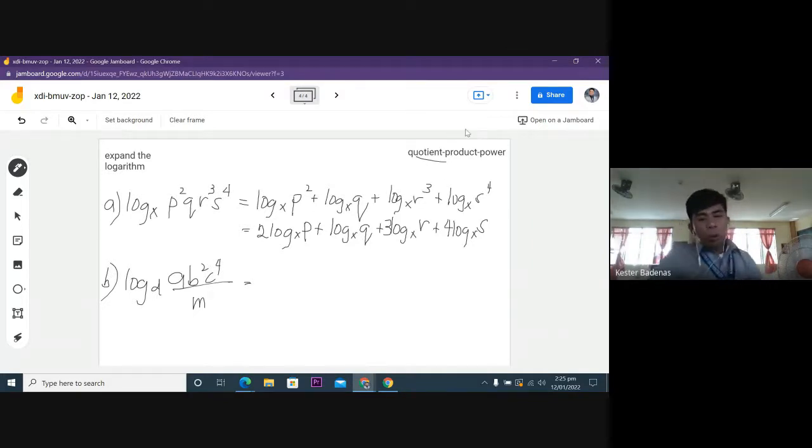So una, apply natin si quotient rule. So we have logarithm of ab squared c raised to 4 with the base b minus logarithm of m with the base b. Minus kasi quotient rule. Ngayon class, pansinin nyo, di ba si ab squared and c raised to the 4 ay iisang term.